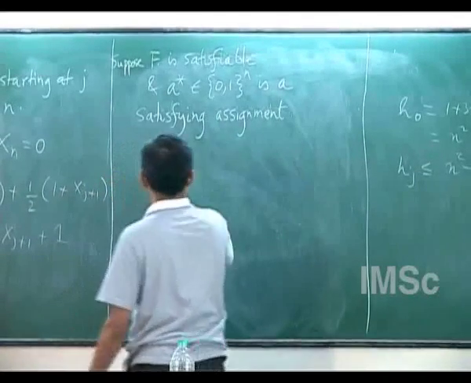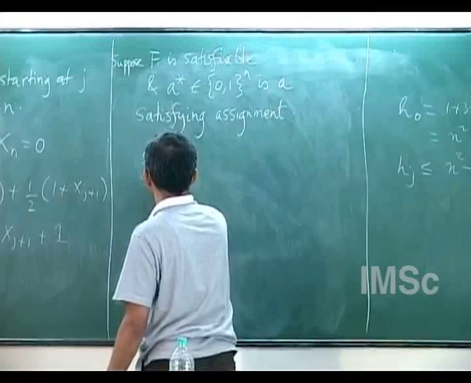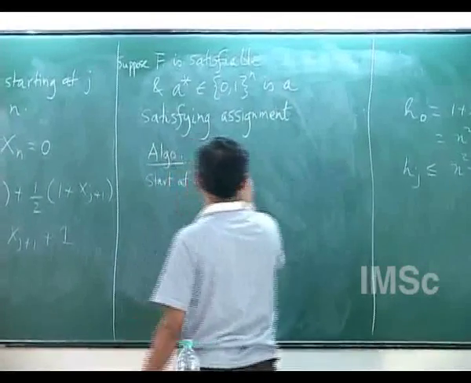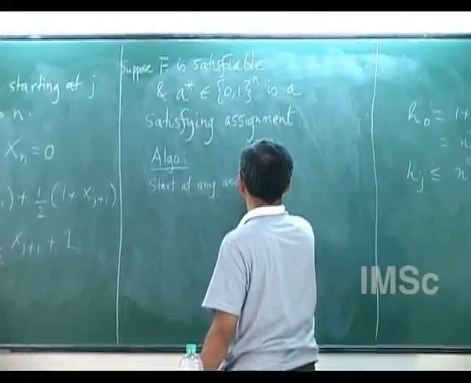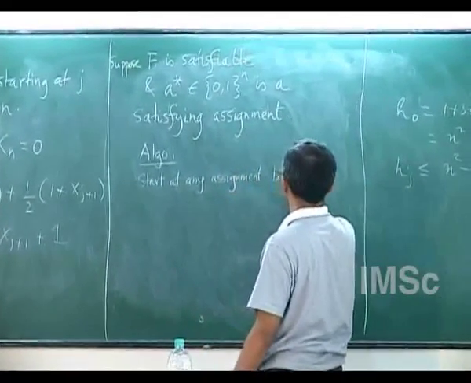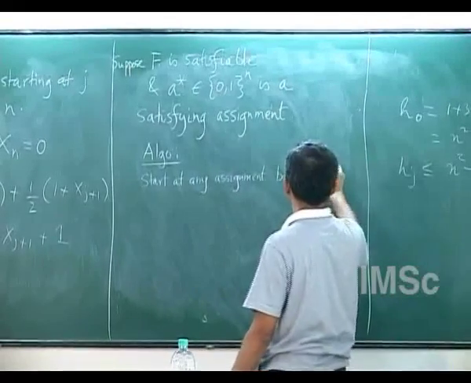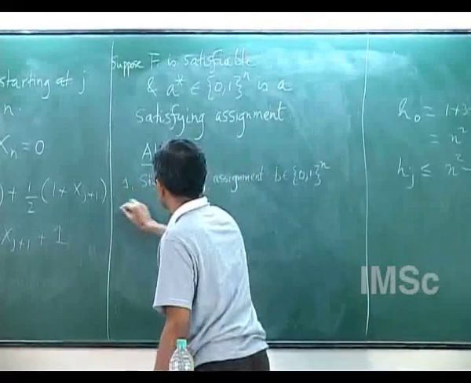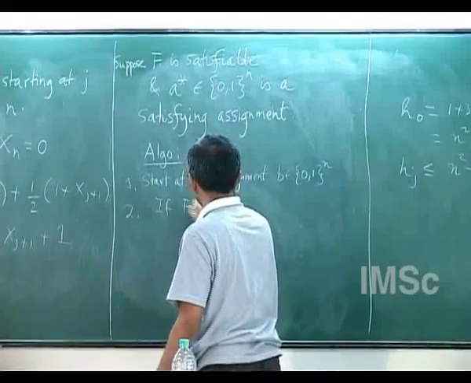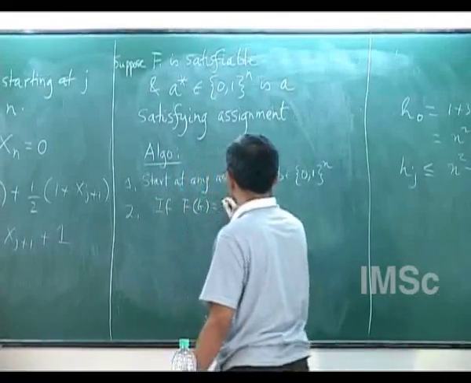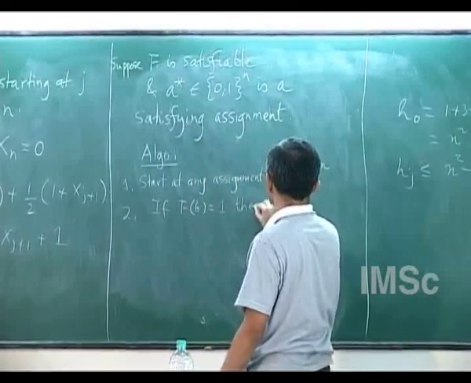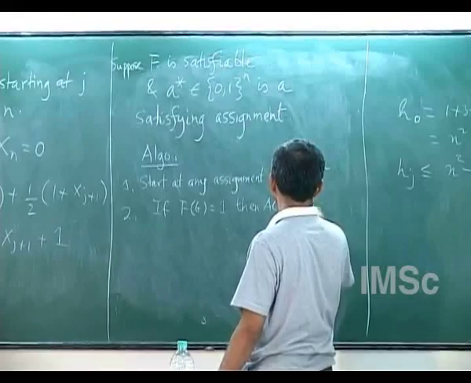The algorithm is the following. Start at any assignment, let's call it B. If F(B) is 1, then accept and stop.